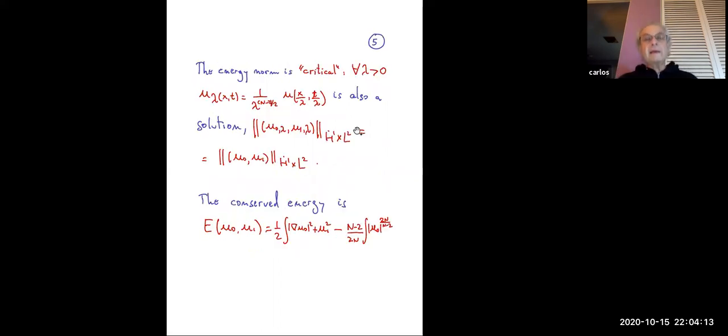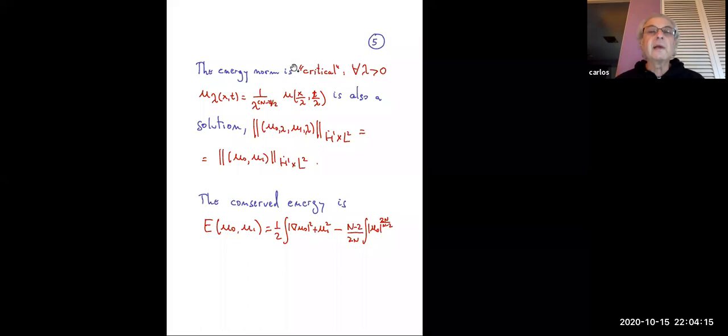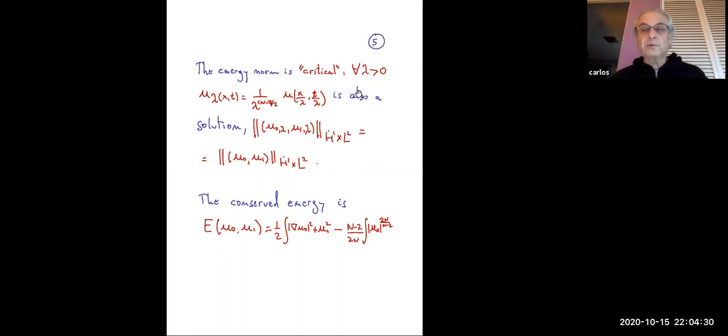And that's the fact that we are in the energy critical space. So why is the energy norm critical? Here criticality has to do with scaling. If we have a solution and we rescale in space and time, and we multiply by 1 over lambda to the n minus 2 over 2, then this is also a solution.